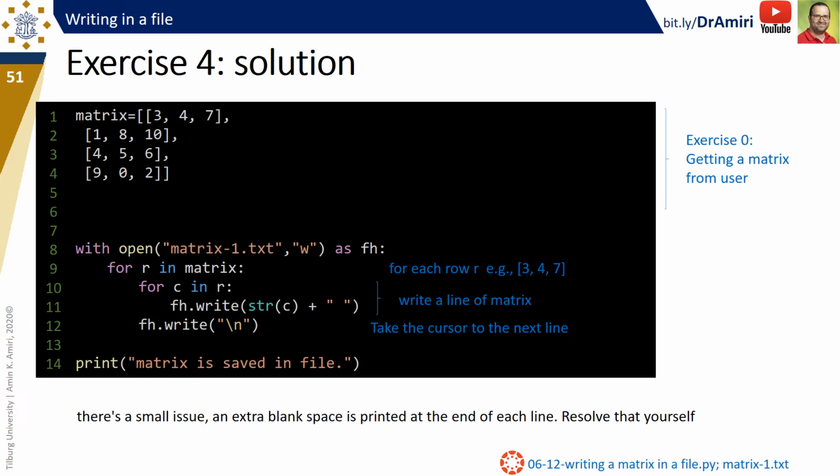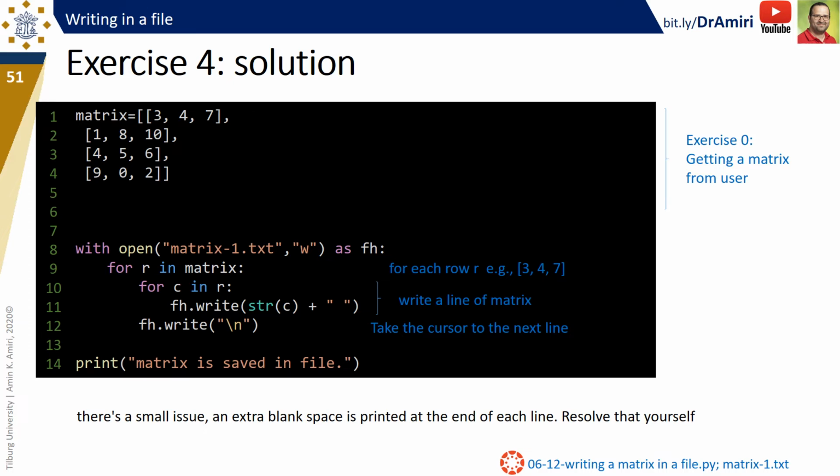So R would be the list of 3, 4, 7 the very first time that line 9 is executed. And then in line 10, I will iterate through the elements of that list, which means that C is 3 in the first iteration, then 4, and after that 7.